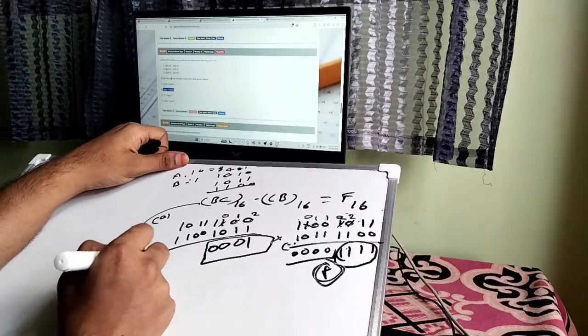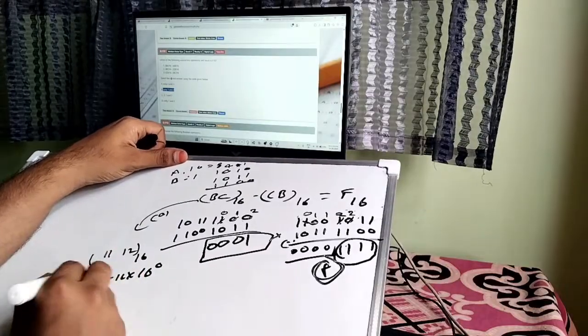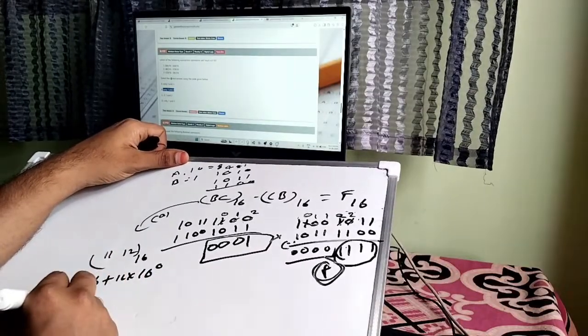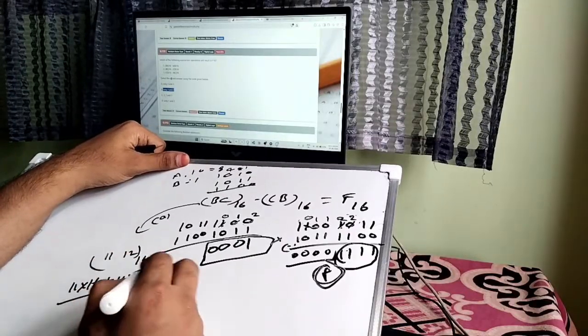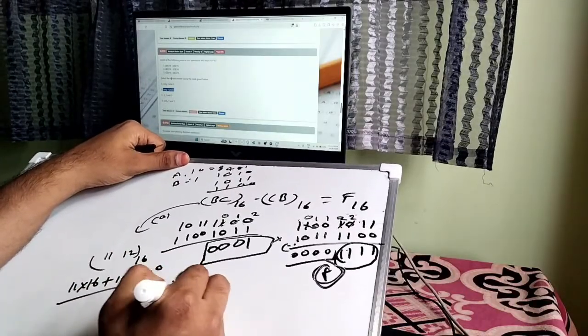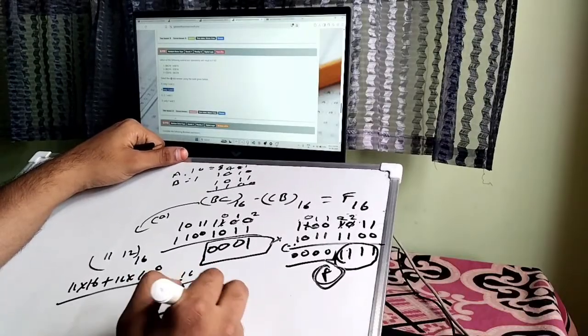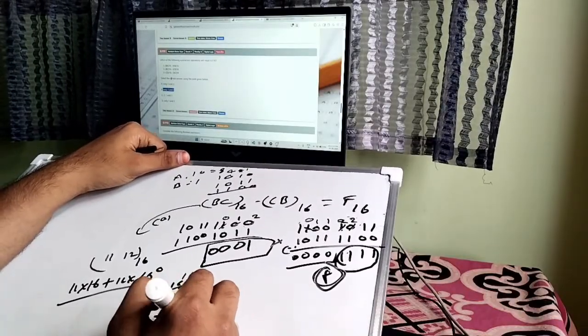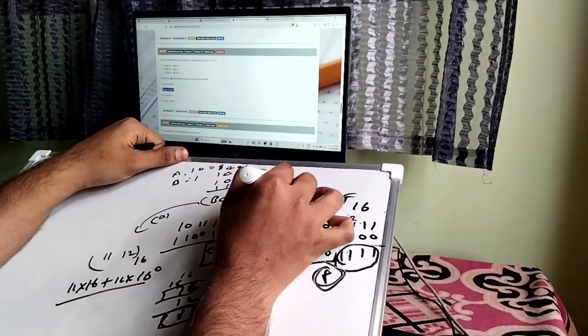So we have to multiply 12 into 16 plus 11, which gives 176 plus 12, so CB is 188.